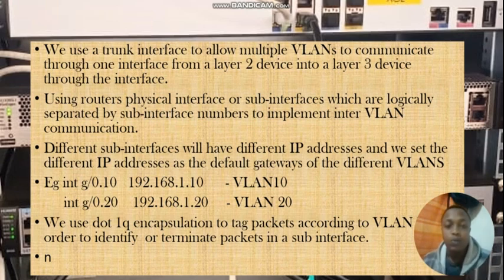And when we are doing this, the port or the interface on the router is used, and we can either have multiple interfaces from the router or just one interface.